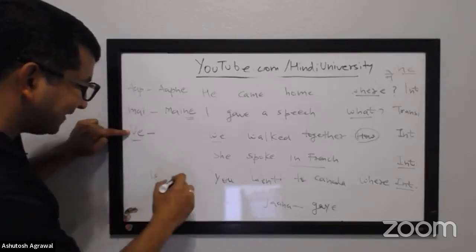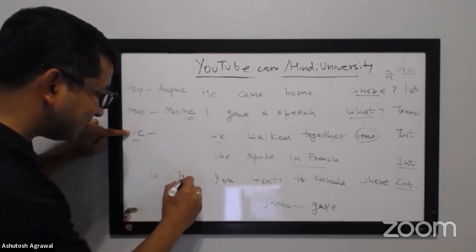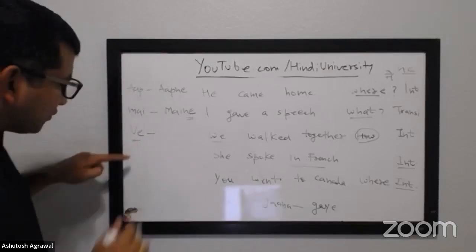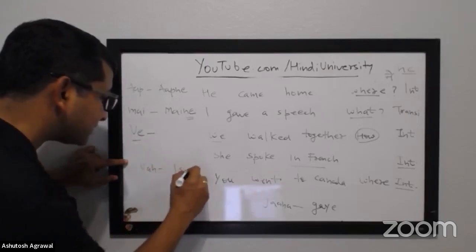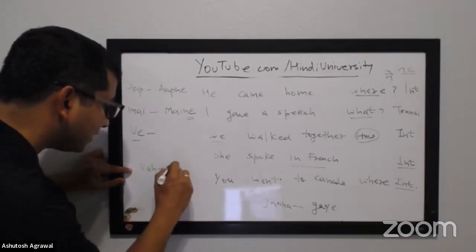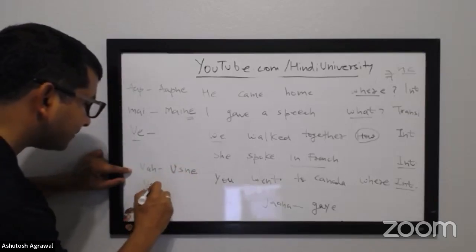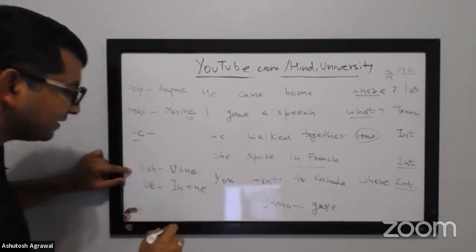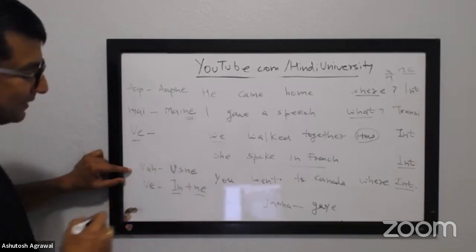What is the plural? Just like is, you have in. So vah oblique case becomes us, and us plus ne is usne. And ve becomes in plus ne becomes... Who would like to try that?